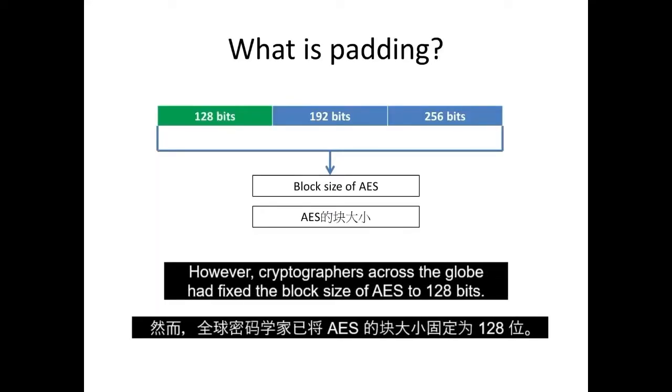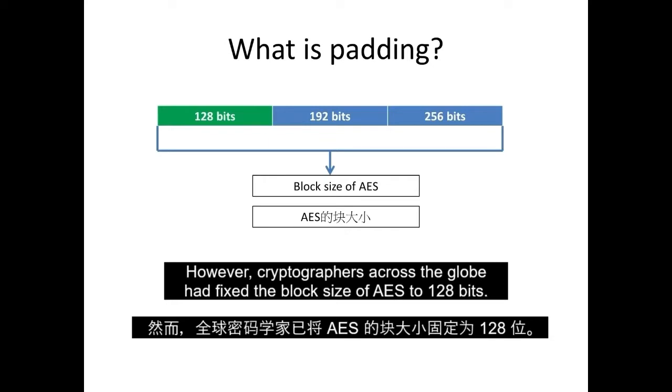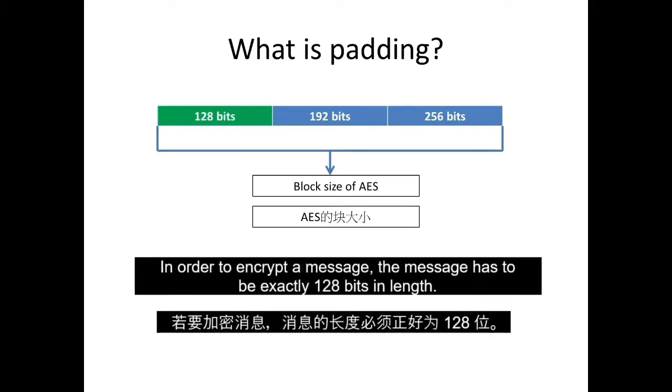However, cryptographers across the globe had fixed the block size of AES to 128 bits. In order to encrypt a message, the message has to be exactly 128 bits in length.